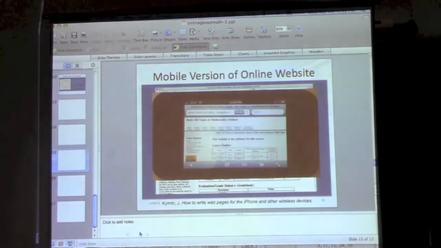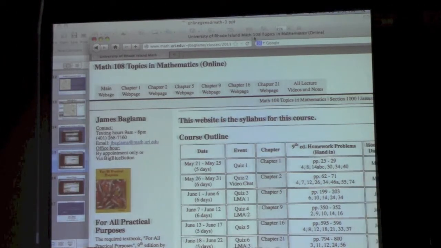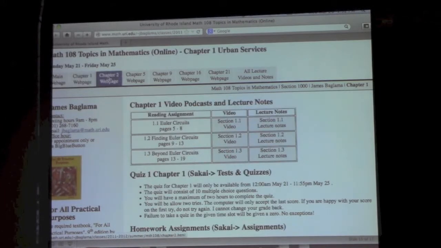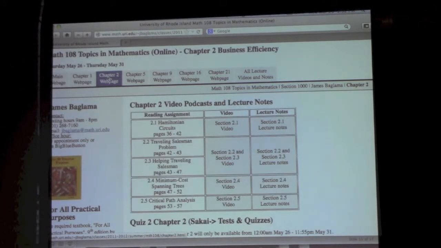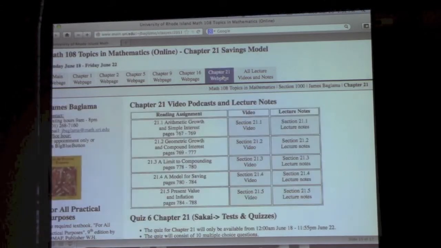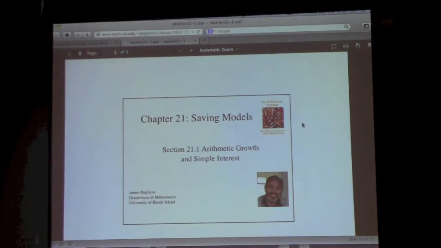In fact, this is the site right here. The students would just press on this. The way it's set up, it's very fast. There's a bunch of videos. Lecture notes are also on here, PDF versions of the lecture notes. So it downloads very quickly.